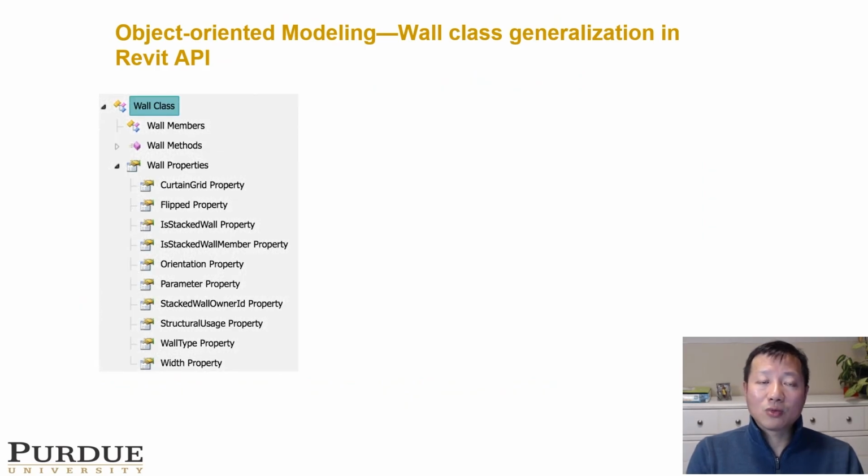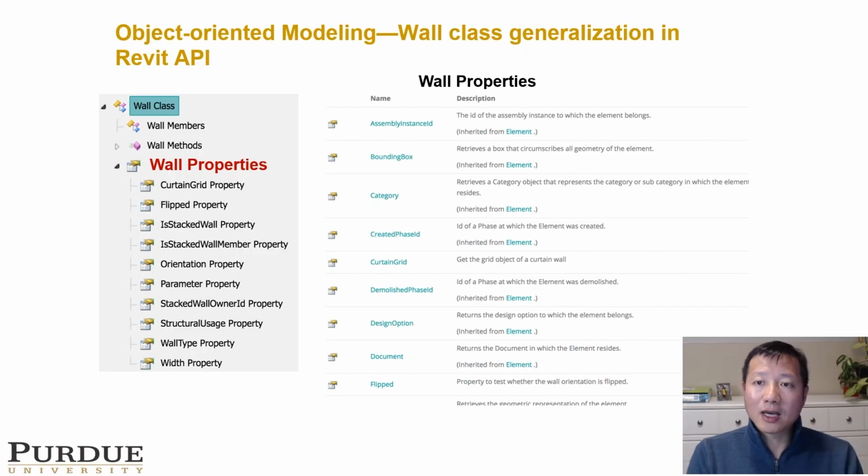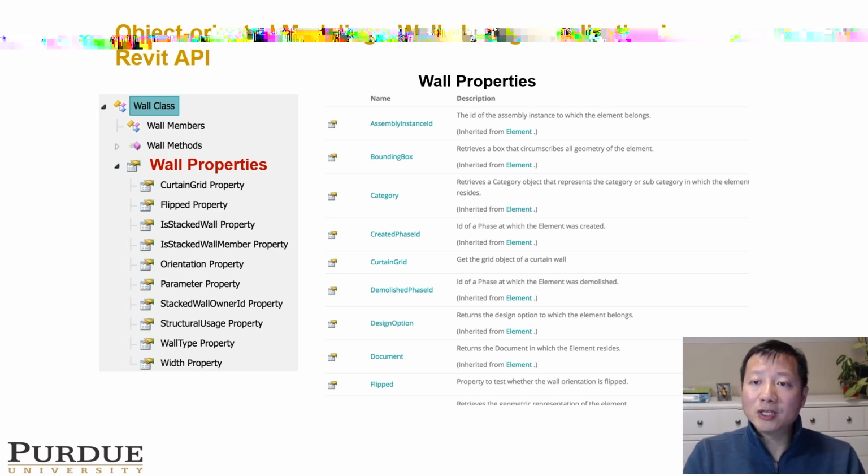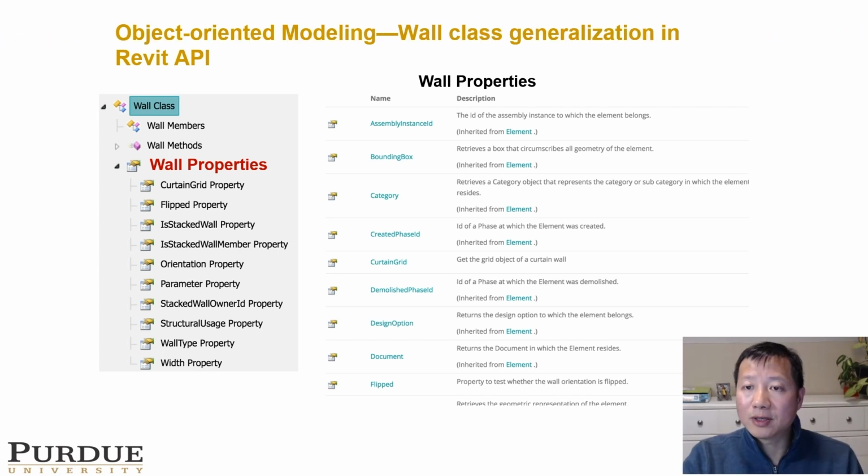So when we implement this in Revit, as you can see, we have a wall class. Thinking about the wall class, you have methods and properties. Let's look at the wall properties. What you end up seeing is a keyword called inherited. Inherited from indicates that this is an attribute that belongs to the element class.